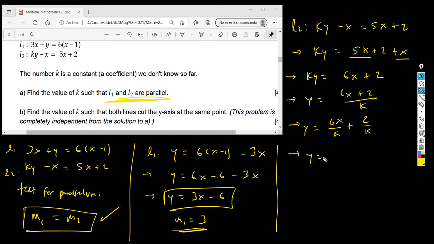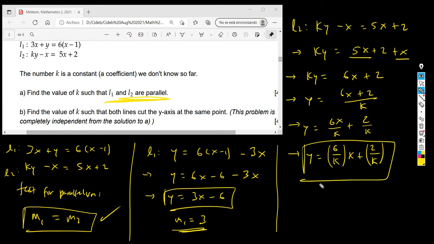You should know that this can be put into this form: 6 over k times x plus 2 over k. There you go. Now you can see that I have put my original equation into the slope-intercept form. What is the slope? The slope is equal to 6 over k. What is the intercept? The intercept is equal to 2 over k.